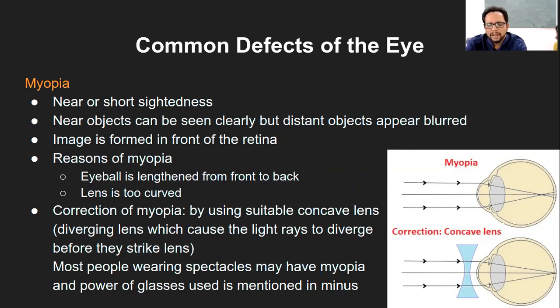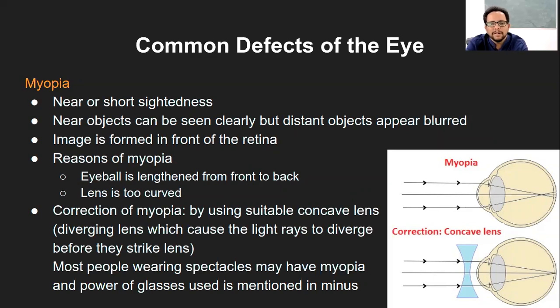Now, what we are coming to as a last topic is the common defects of the eye. With respect to the common defects, the most common that we see around is the spectacled people. Most of those wearing spectacles are myopic people.